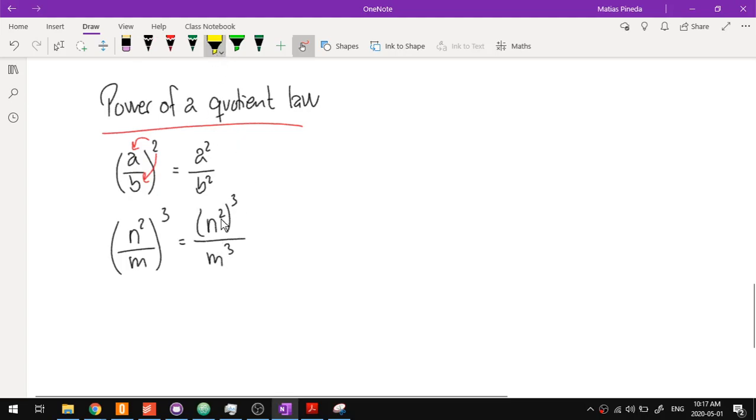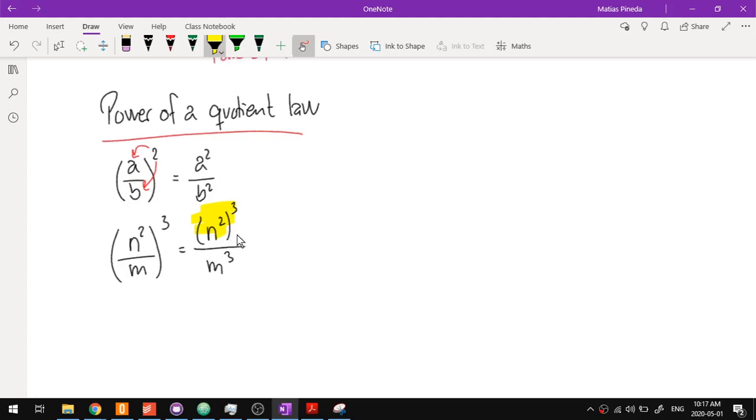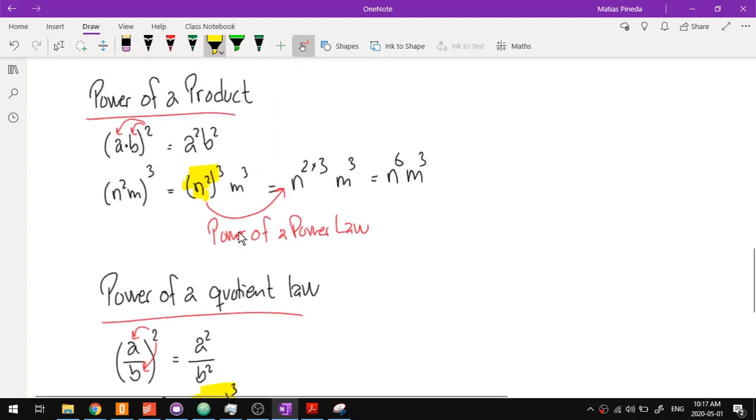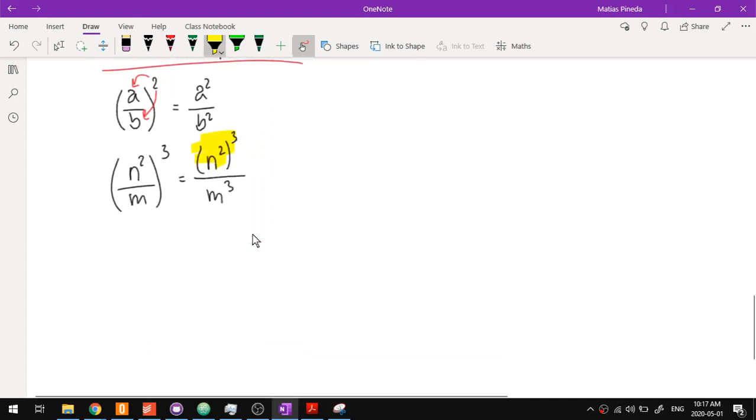And now we can see that in the numerator, just like in the previous example with the power of a product law, we now can apply the power of a power law here. So it's going to be n to the power of 2 times 3 over m cubed.